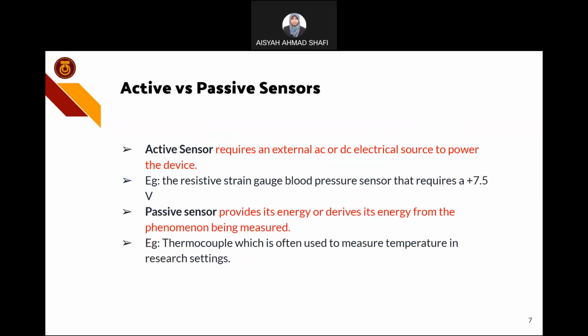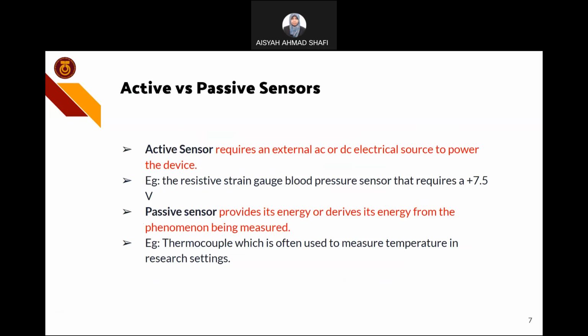But for the transducer, it can be any physical stimulus or any type of energy. So the transducer or sensor can be divided into two basic categories. That is active and passive.